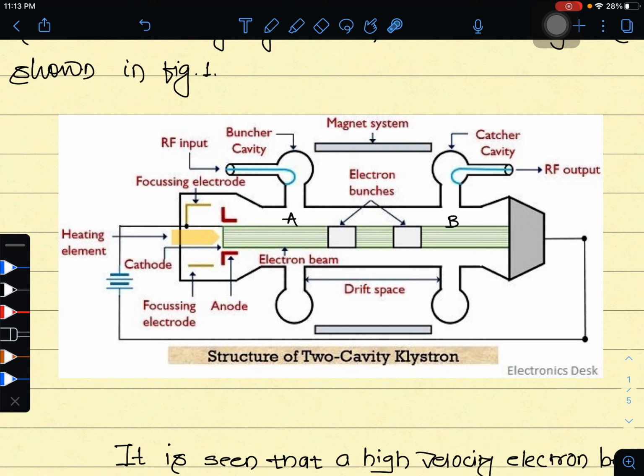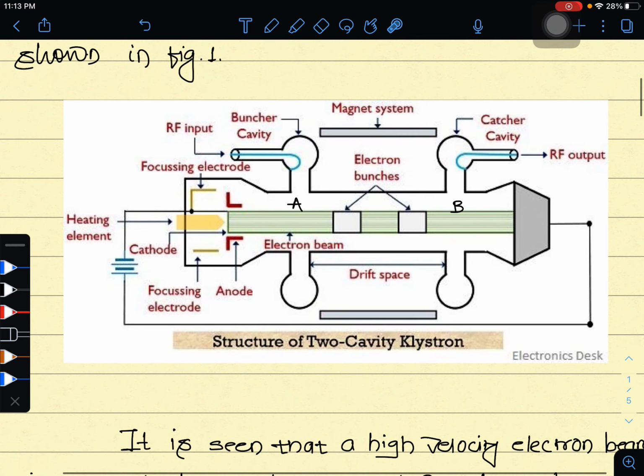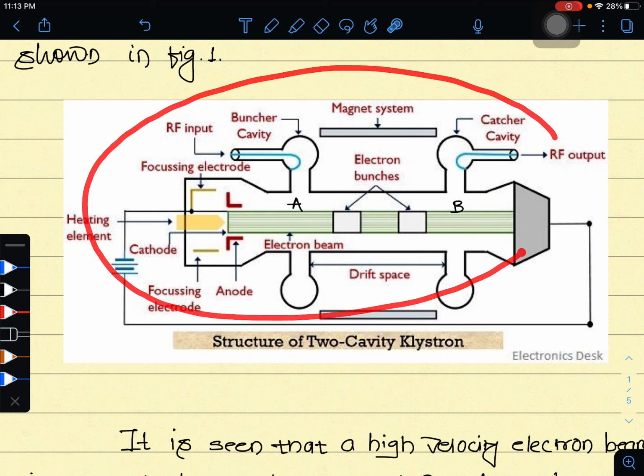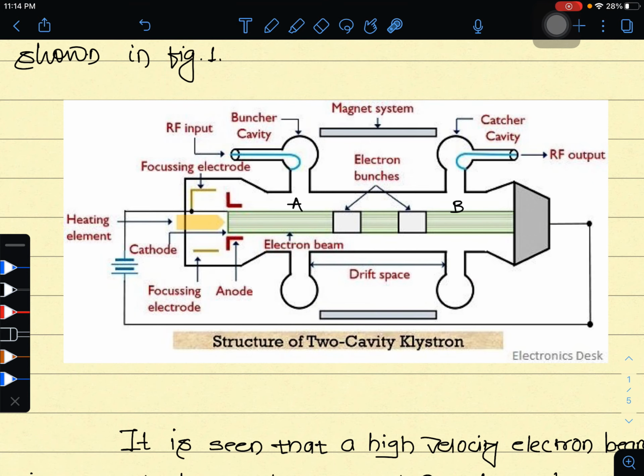Let us see the significance of the buncher cavity and catcher cavity. Let me explain these points once again.